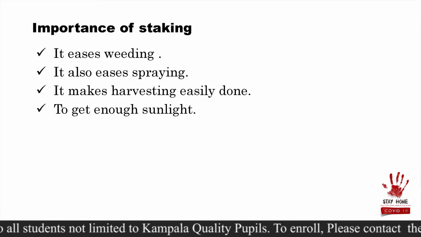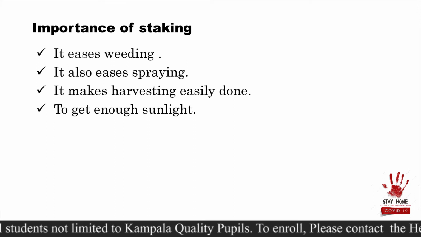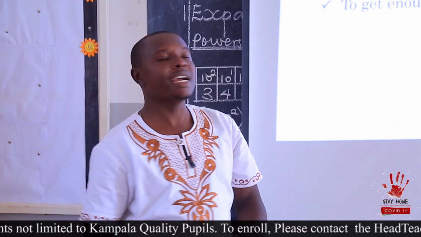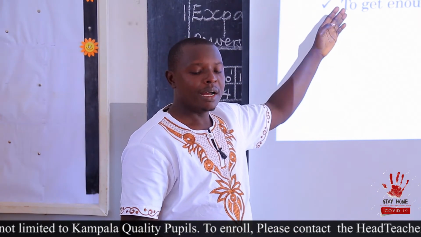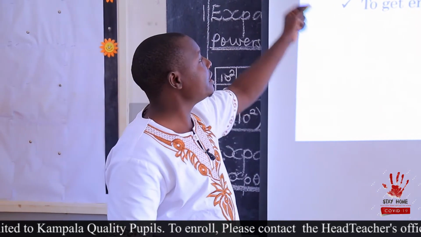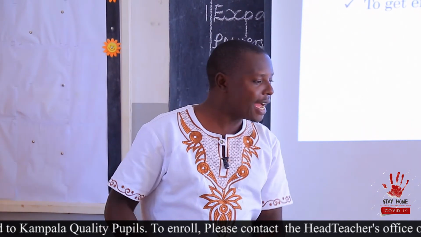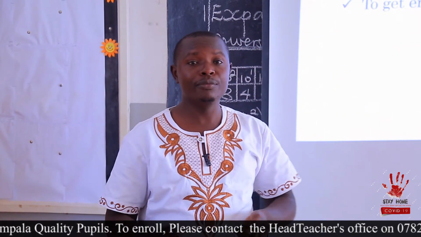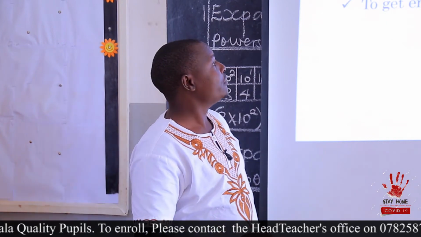It eases weeding. A farmer can easily weed in the place where that plant is. Another thing, it eases spraying. You can easily move through your garden when you have staked the crops very well.